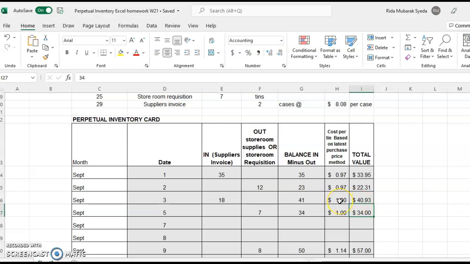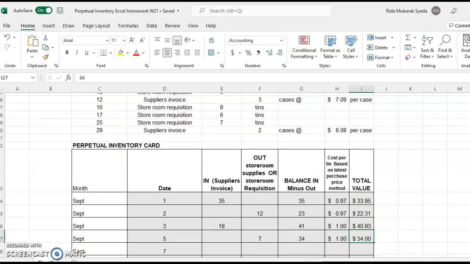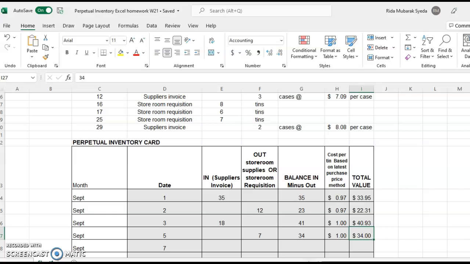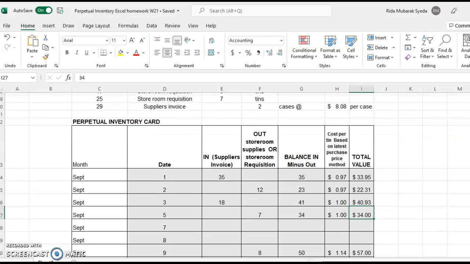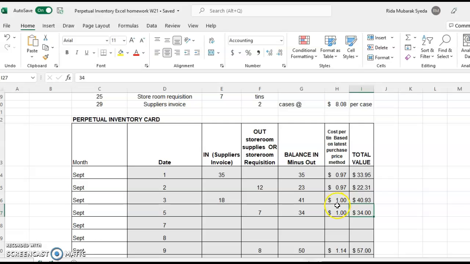So what it did was, when I divided 5.99 by 6, I got 0.998. Over here it rounded the number to 1, but when it was multiplying it used the 99 cents as the number. So that's why we have the wrong answer for total value.